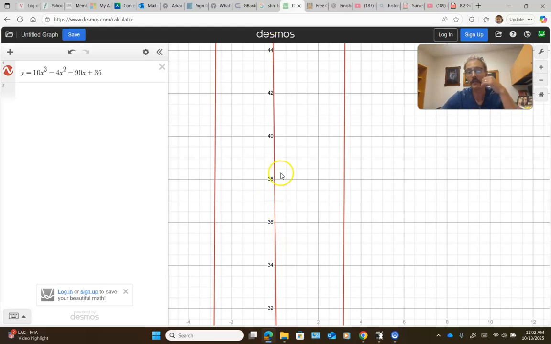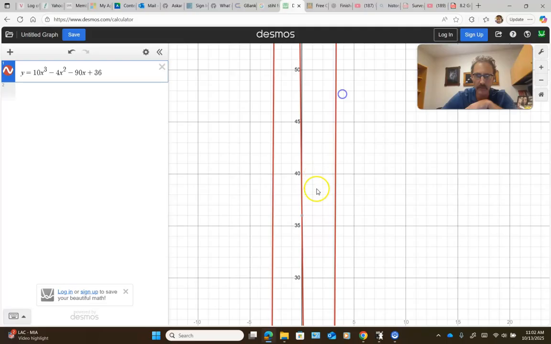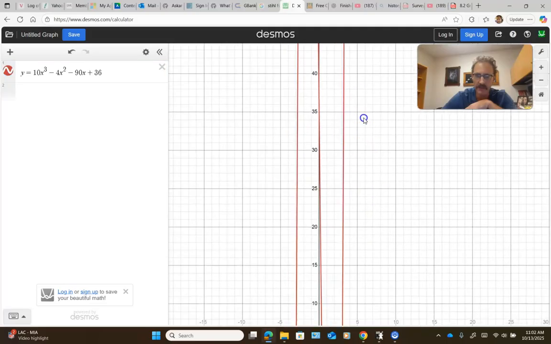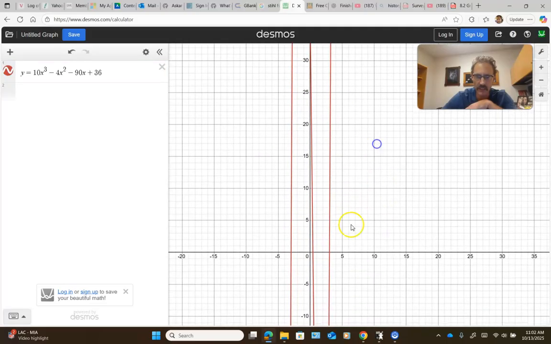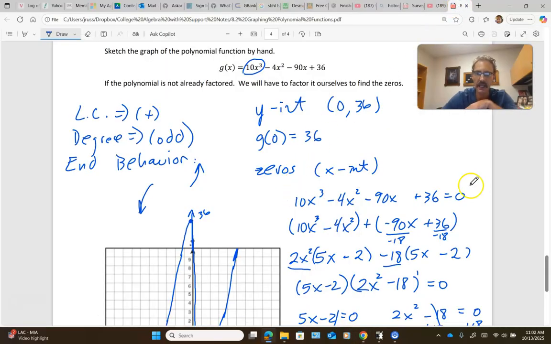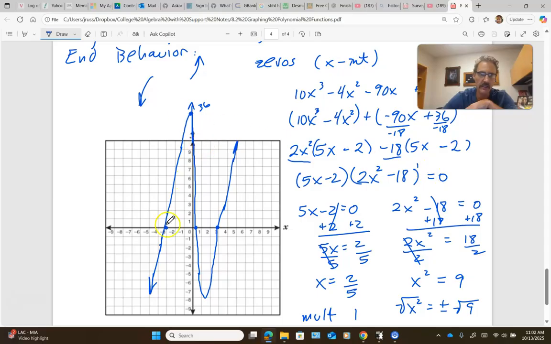Interestingly, the function goes way above 36, turns around, comes back down, and then crosses at 36 before coming all the way down here to this next zero. And that's actually something that I didn't capture in my graph. I didn't know it actually came way up here above, then came back down, crossed the y-axis, and then down here and crosses the x-axis. Okay.